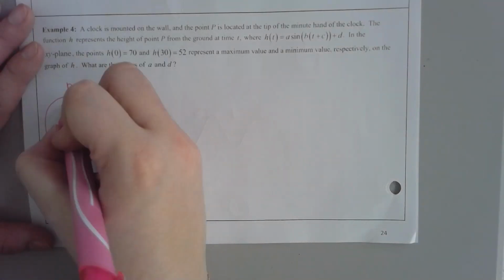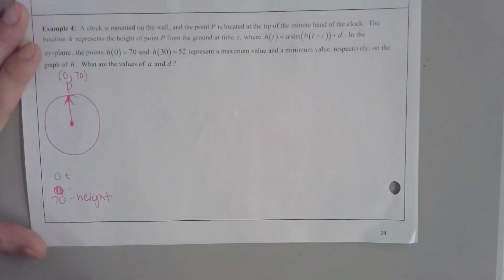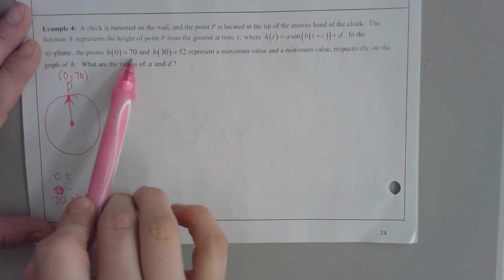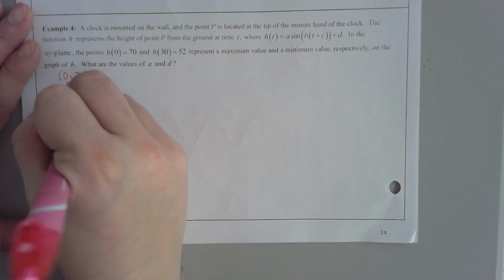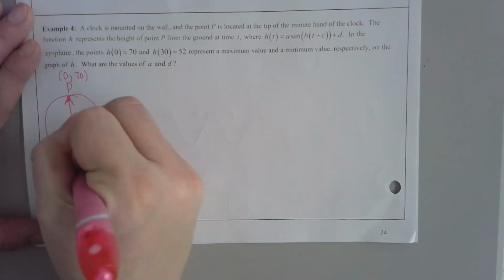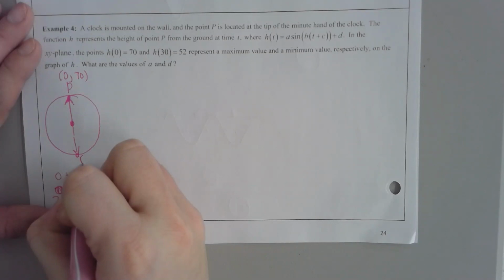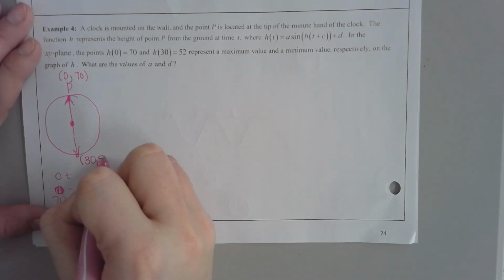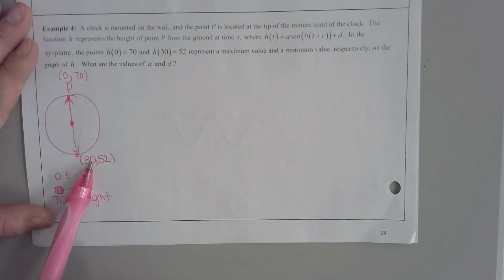So if this is 0, that's going to be 70. And h of 30, so I guess this is minutes, because at 30 minutes, it's going to be 52. So that's a maximum value and a minimum value.